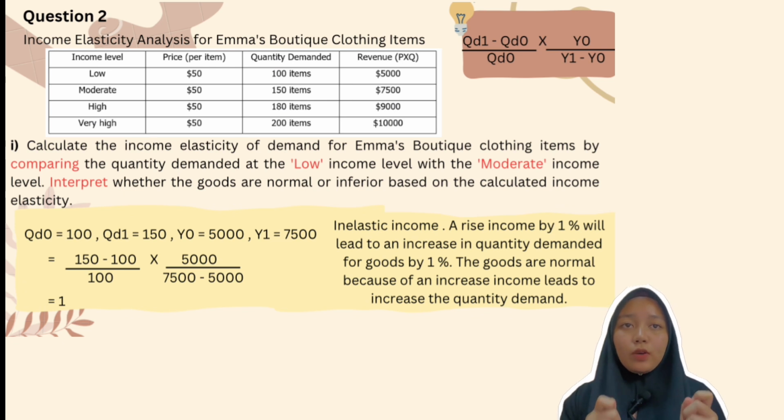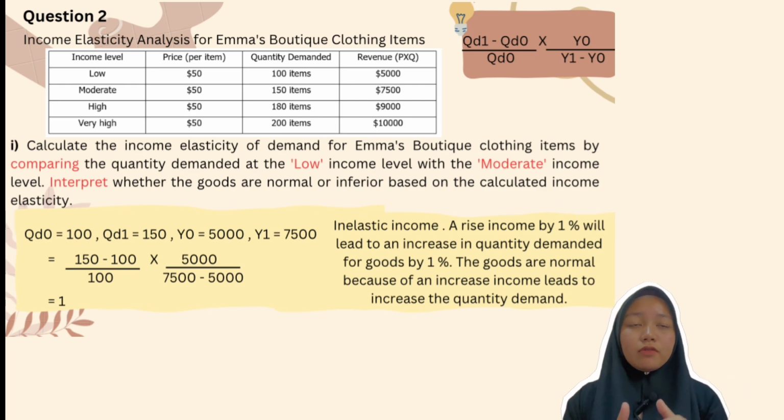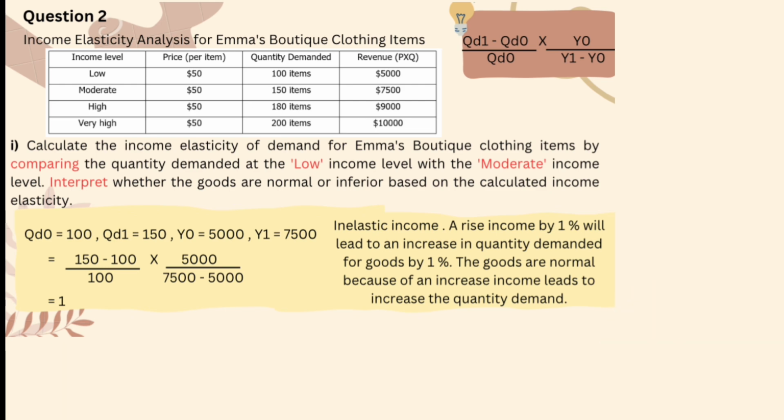The answer is 1. As you can see, it's an elastic income: a rise in income by 1% will lead to an increase in quantity demand for goods by 1%. The goods are normal because an increased income leads to an increase in the quantity demand.